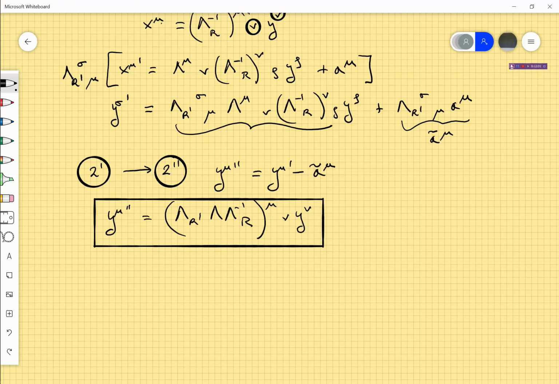These are the coordinates of the new transformed system 2 double prime. Now, if we manage to find the components of this Lorentz transformation, because it is a product of Lorentz transformations, then we will be able to find the original a mu and so on, because we just have to undo all the transformations that we have done.